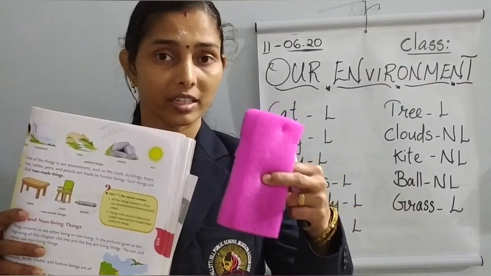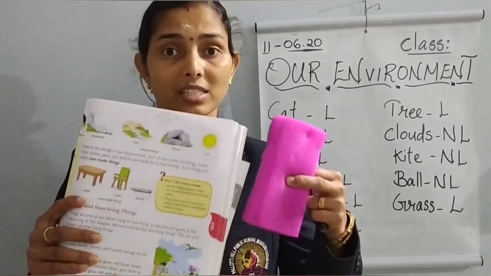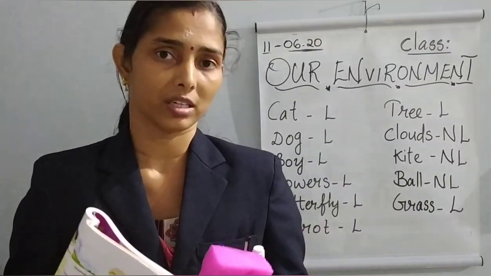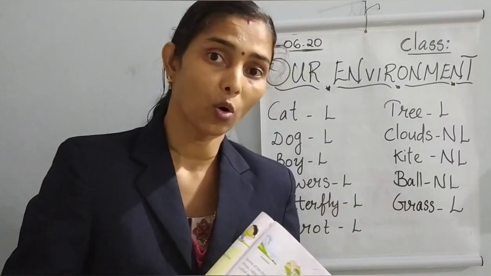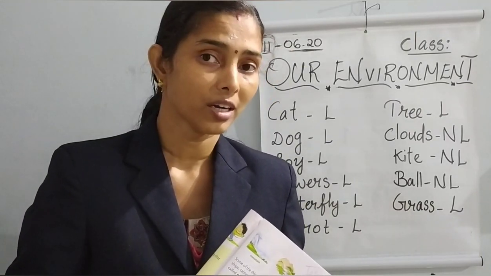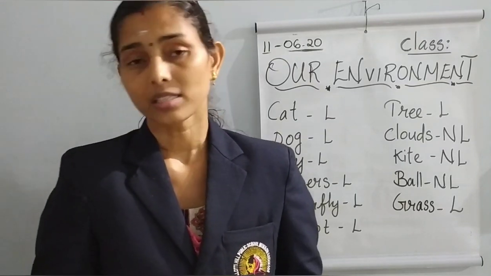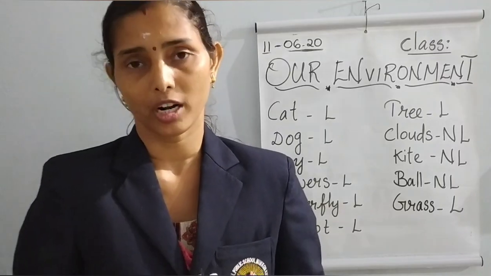Does anything have life? No. That is why we can say that all the man-made things are non-living things. But natural things are either living or non-living. Very good. So, these are the living and non-living things.